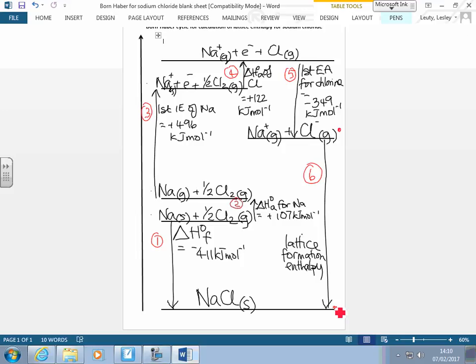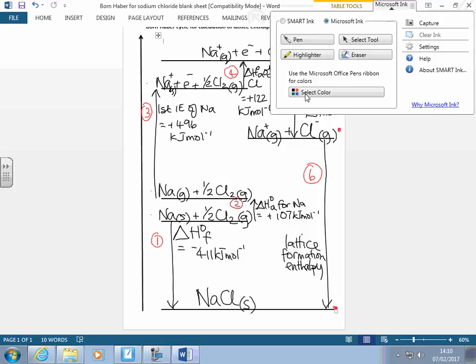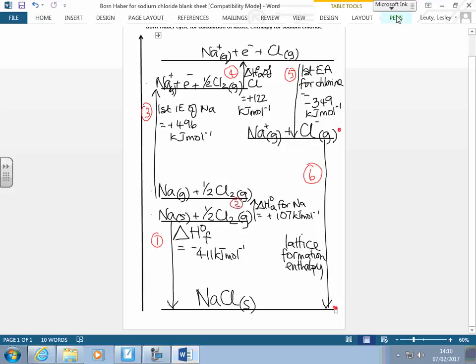Well, you sort of add them all together. You've got to look at which way they're going, haven't you? Not all of it, no, because they don't all go negative. The bottom one here, number 1, is already going in the right direction. So you wouldn't reverse that one. So now what we want to do is, let's see if this is why I've given you the big paper to do this on. And I'm not getting colour here.